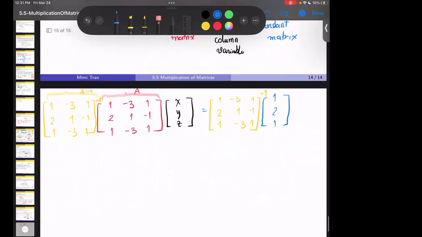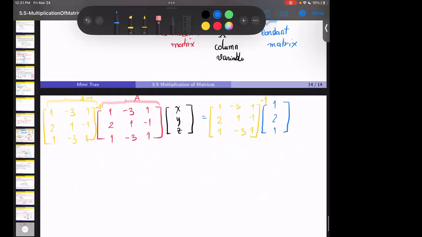All I just did was apply the inverse property. A inverse and A cancel. You put it in your calculator, it gives you an identity matrix: 1, 0, 0, 0, 1, 0, 0, 0, 1, which times X, Y, Z is going to give you X, Y, Z as well.